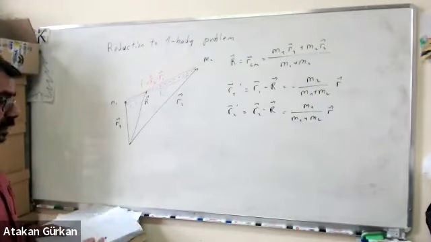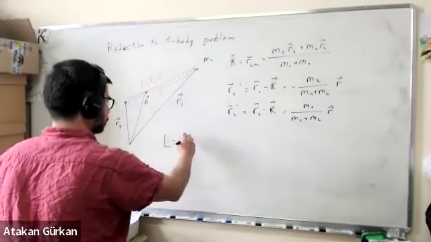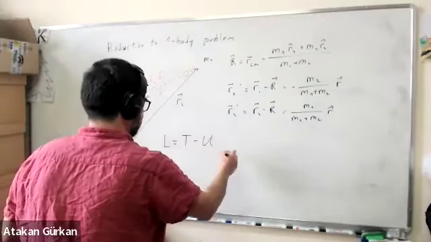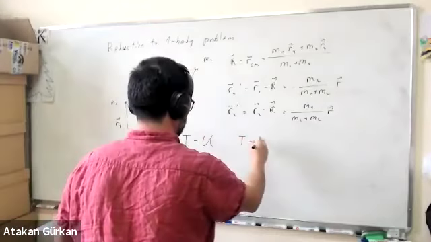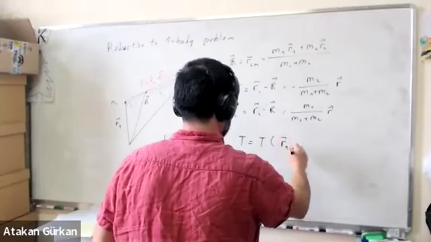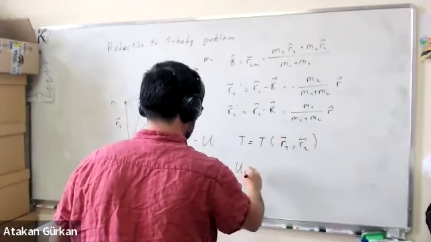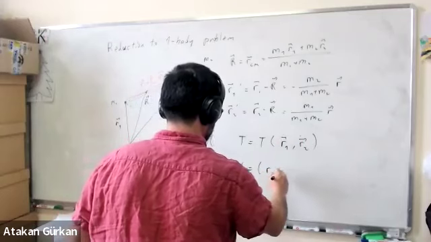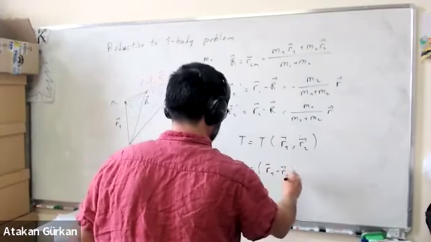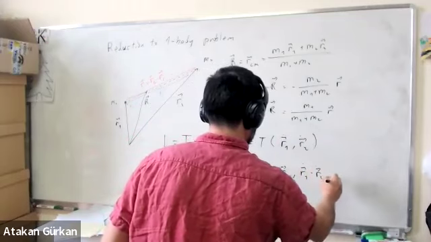Now, what I'm going to do is I'm going to write my Lagrangian, and my Lagrangian is, of course, T minus U, and T is just a function of velocities, R1 dot and R2 dot. My U is going to be a function of R1 minus R2, and possibly its derivatives, and so on and so forth.